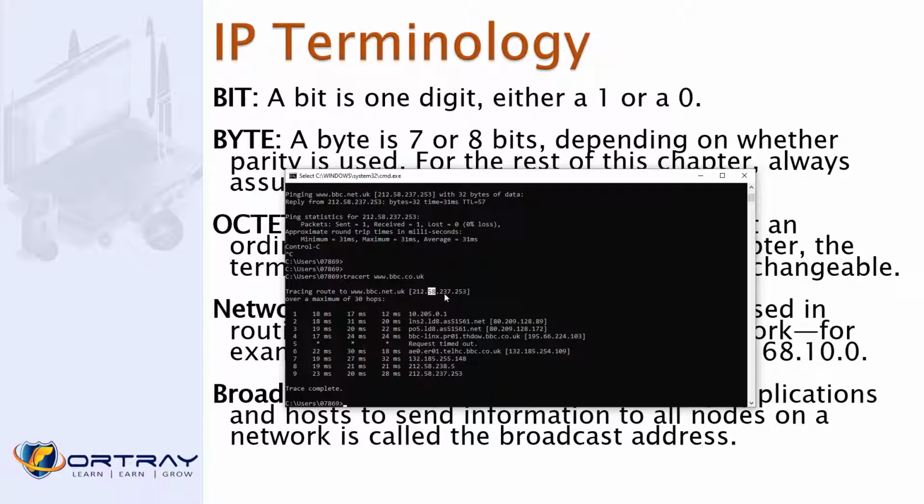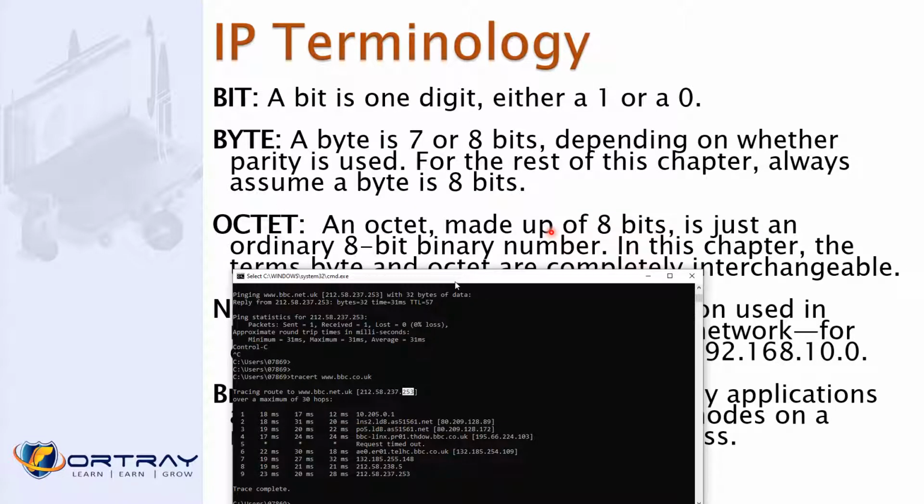Each byte has 8 bits, 8 bits, 8 bits, 8 bits, total 32 bits. So an IP address is 32 bits, or 4 bytes, not 20 bytes. An octet is made of 8 bits.